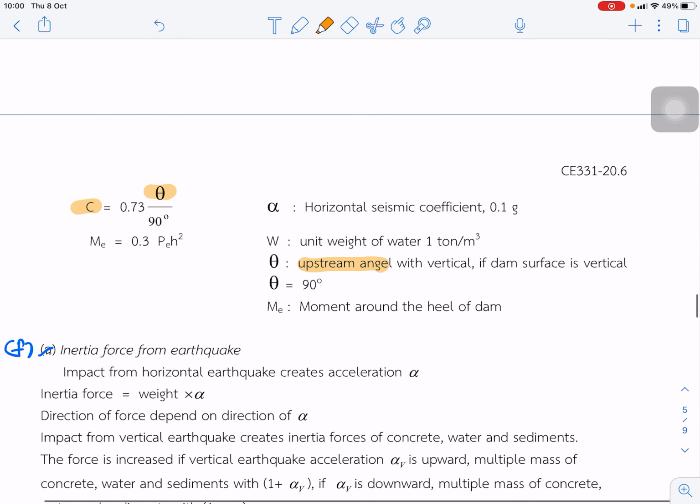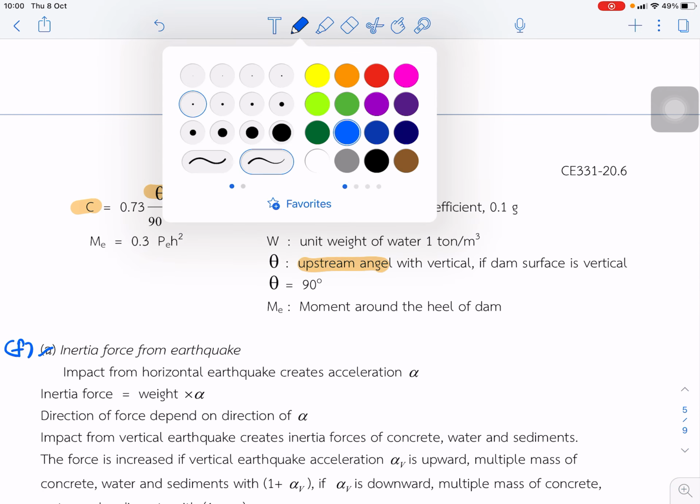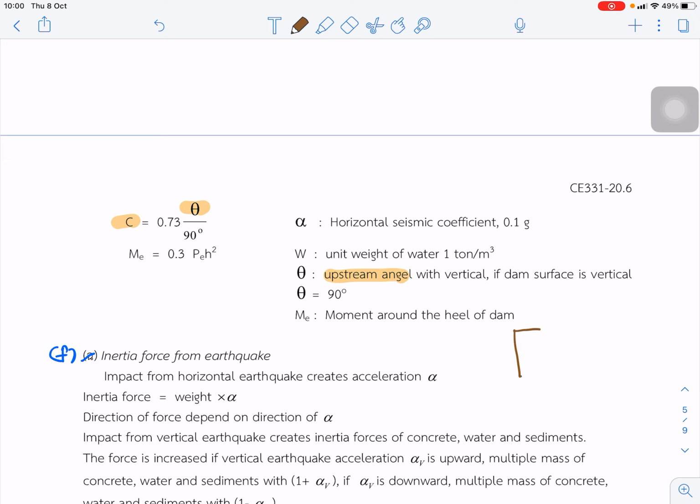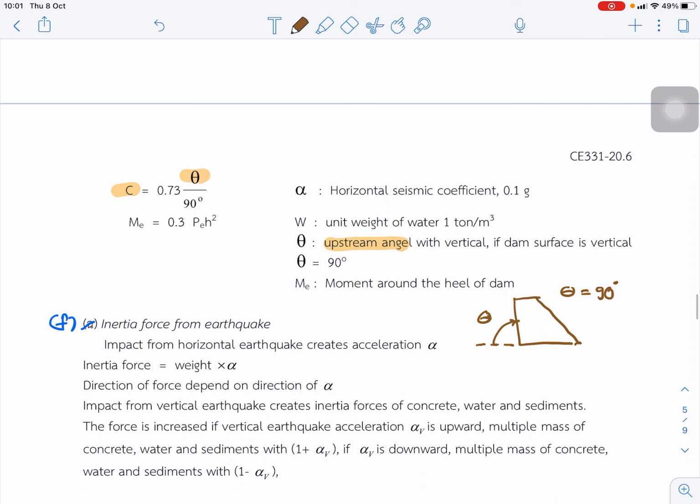So in this case, theta is equal to 90 degrees. In some cases, it is like this.